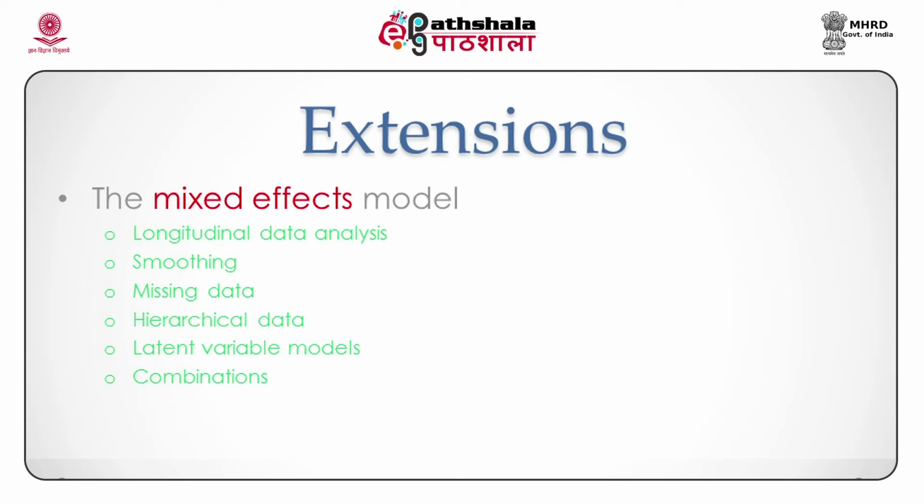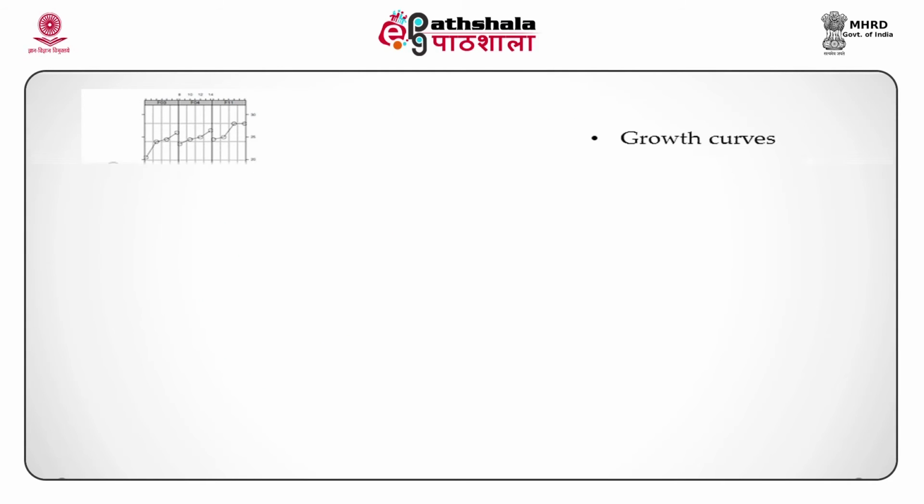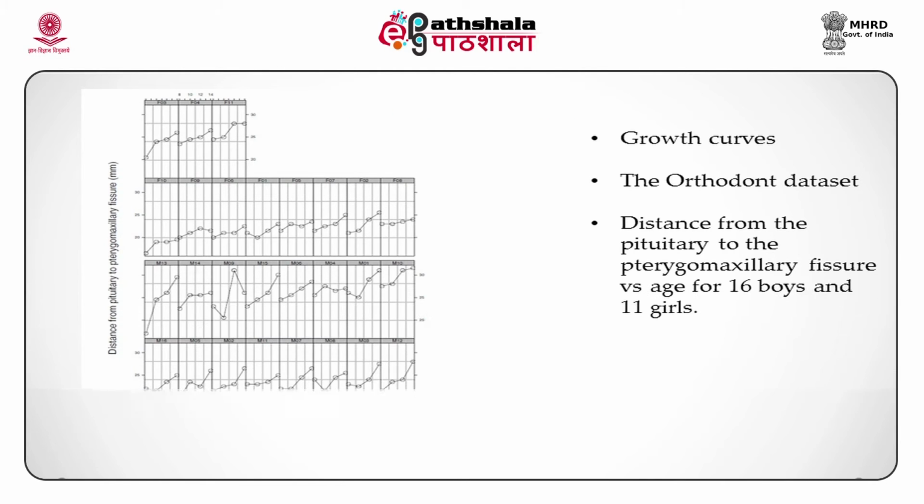So here is a very common example motivated by the use of growth curves. This is taken from the orthodont dataset, which is included in the nlme library in R and is a very well studied dataset with vignettes which are available from the CRAN website. Here we have looked at the growth of girls versus boys.